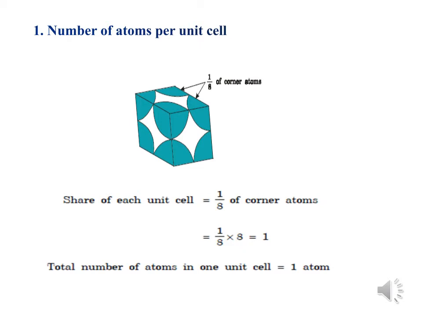One corner atom contributes 1/8 of its part to one unit cell. Therefore, the share of each unit cell is 1/8 of a corner atom. 1/8 into 8 equals 1. The total number of corner atoms present in one unit cell equals 1 atom.